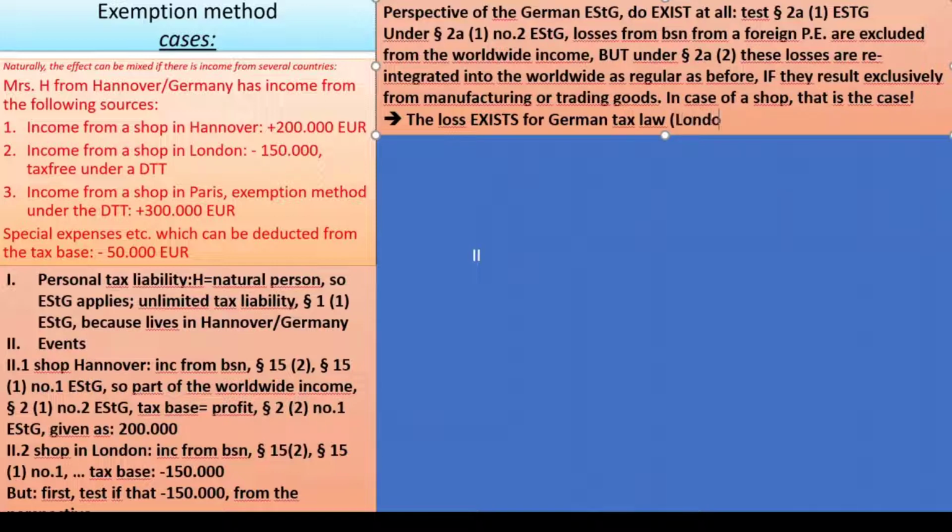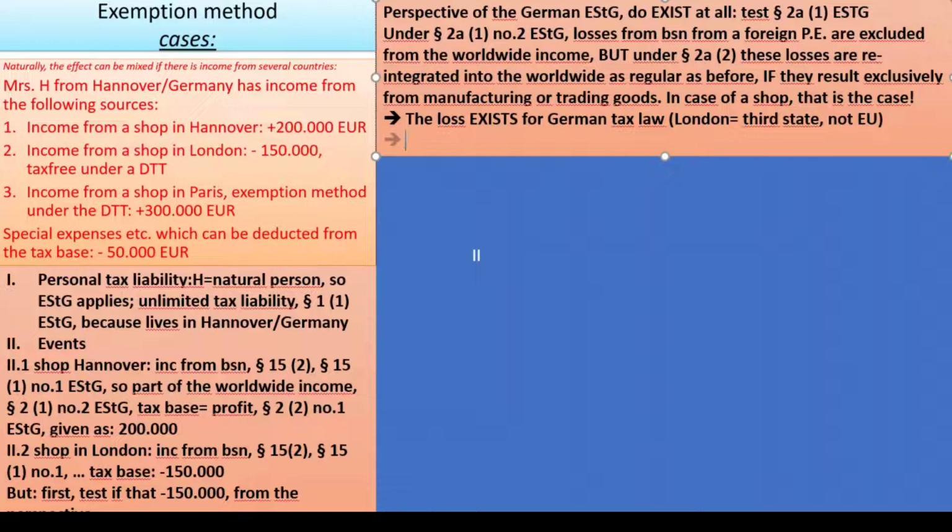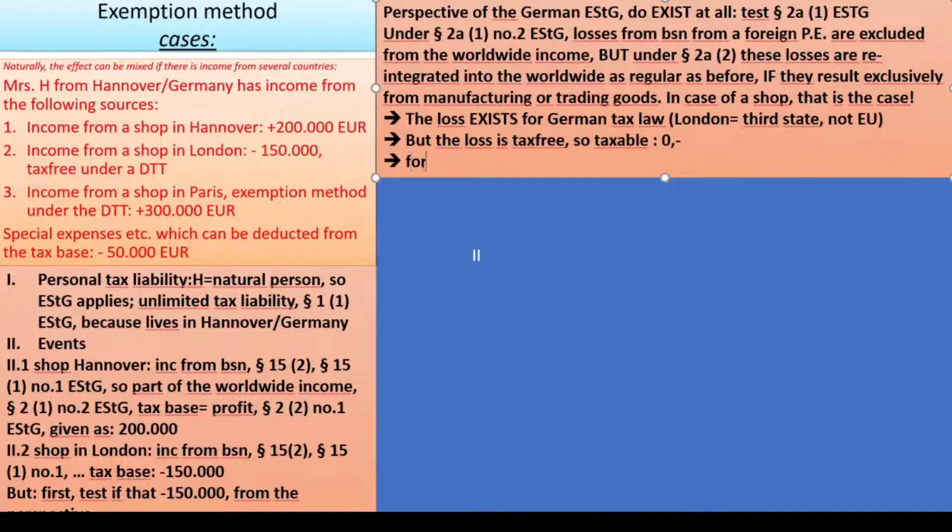Naturally, London is a third state, not EU anymore. I hope you remembered that. So the next question is, but the loss is tax-free. So taxable is an amount of 0. For the progression, the loss is relevant.